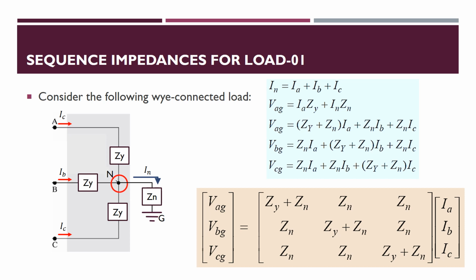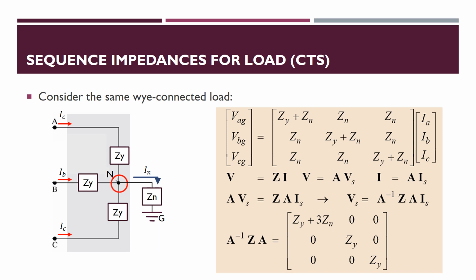So you see these are the phase voltages, the phase currents, and the impedance relationship as it is here. If we convert into sequence components, you can calculate the sequence components of this load also. It is actually a balanced load, right? You know that V equals Z into I, and V is equal to A into Vs, I equal to A into Is.